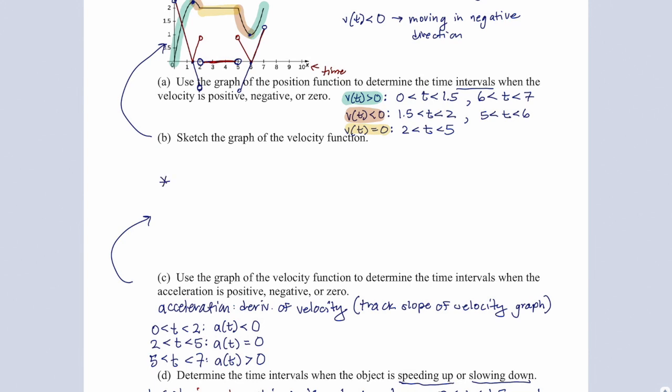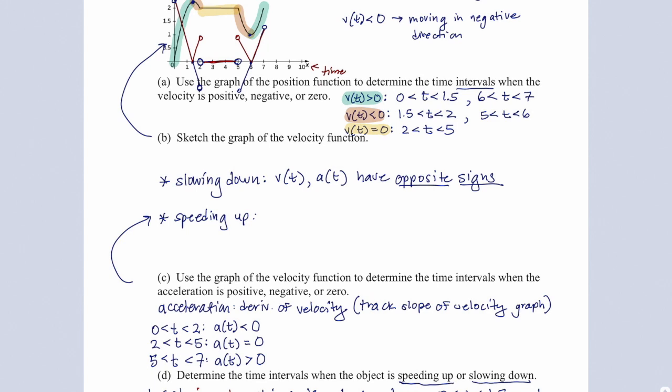We can say slowing down is going to happen when the velocity and the acceleration have opposite signs. So one positive, one negative. And speeding up will happen when the velocity and the acceleration have the same sign.